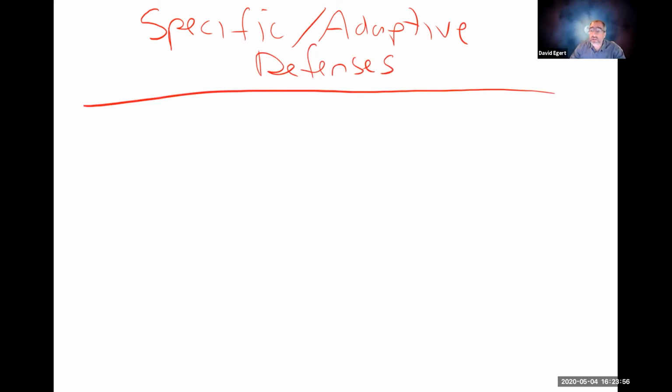So I'm going to start with the two main branches that we're going to talk about, but we're going to start with the commonalities. All of your adaptive defenses have three main things in common. They are always antigen specific.